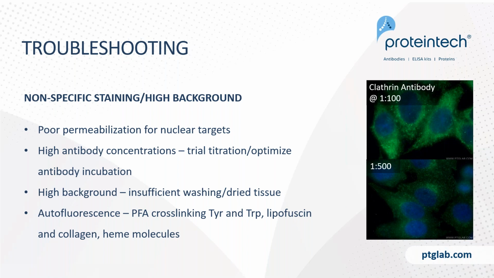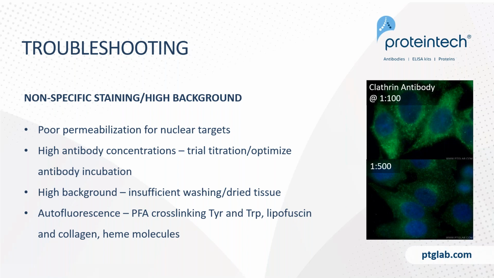Autofluorescence within tissue is something that can occur and is often due to PFA cross-linking the amino acids tyrosine and tryptophan. And these cause autofluorescence due to the formation of fluorescent formaldehyde adducts. You can also get endogenous pigments such as lipofuscin, which is a protein that occurs during aging, and collagen, which is a structural protein in liver and muscle.